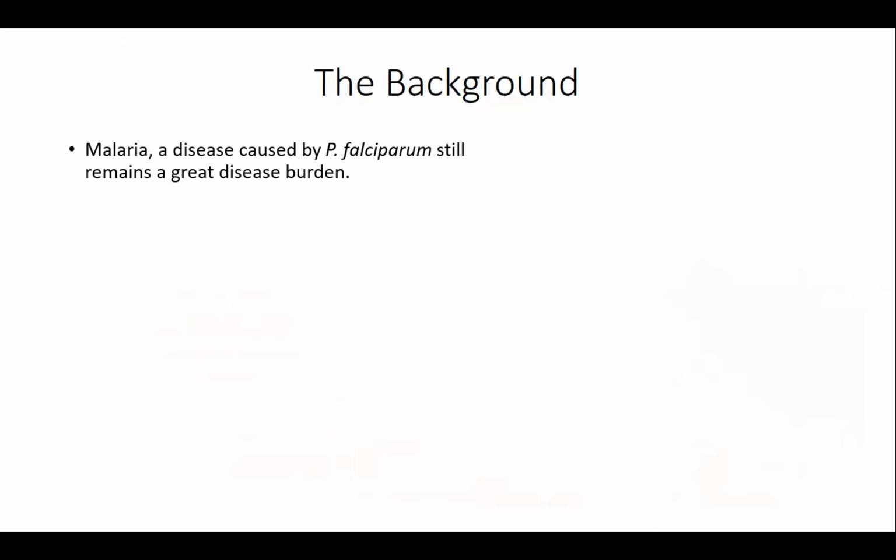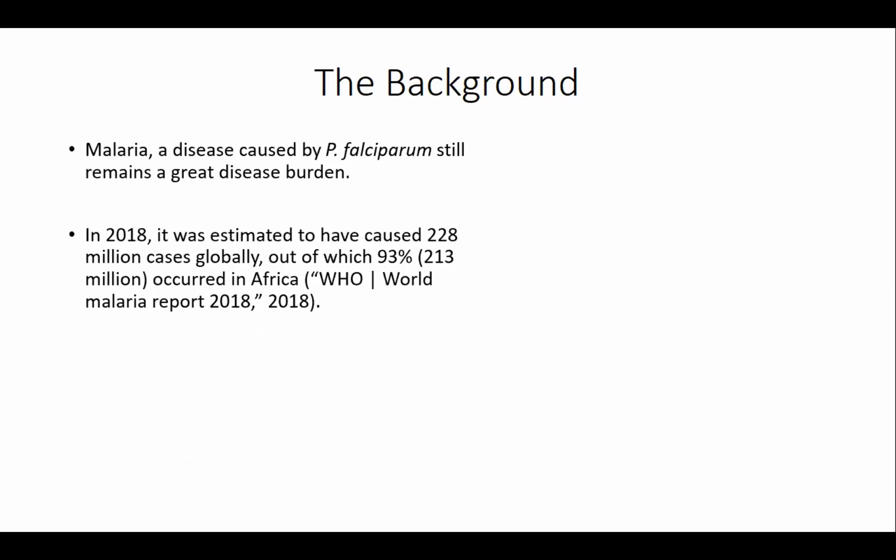So the background. Malaria, which is a protozoan infection caused by Plasmodium parasites, remains a major cause of morbidity and mortality worldwide, primarily among children less than 5 years old. In 2018, it was estimated to have caused around 228 million cases globally, of which 93%, which constitutes 213 million, occurred in Africa, according to WHO.